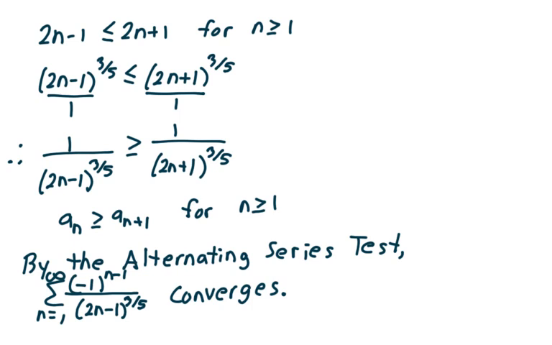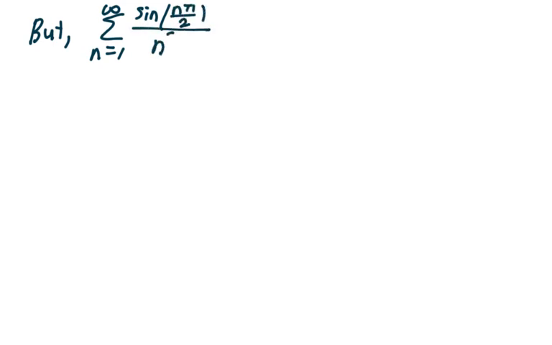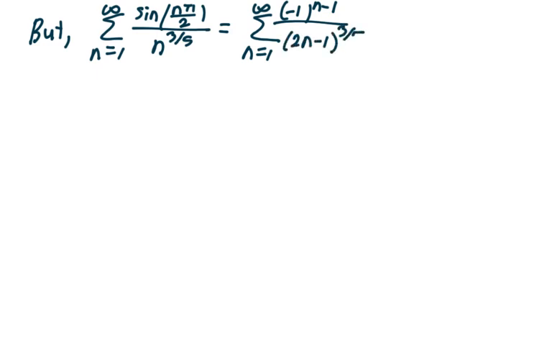Okay? But the summation from n equal 1 to infinity of sine of n pi divided by 2 over n^(3/5) is the same as the summation from n equal 1 to infinity of (-1)^(n-1) over (2n-1)^(3/5).